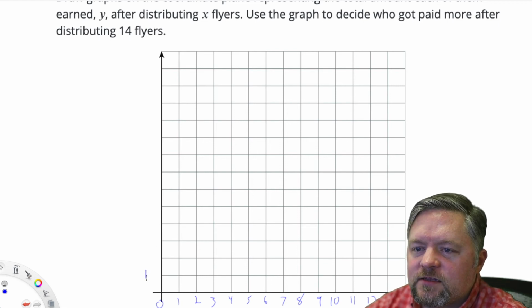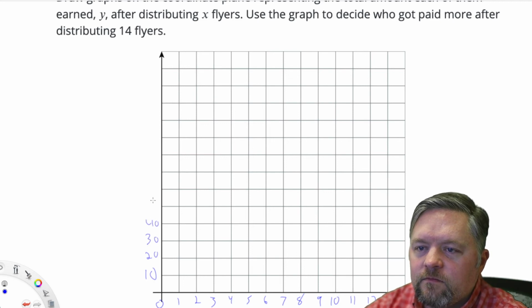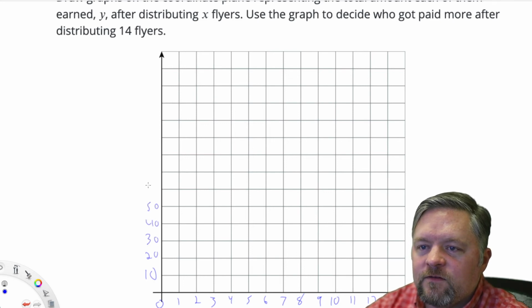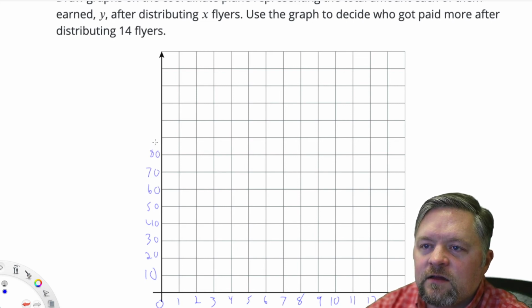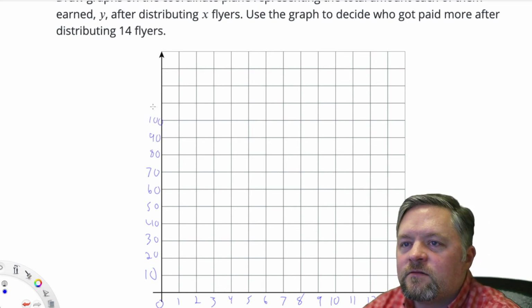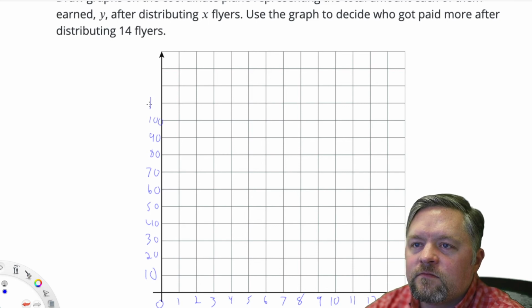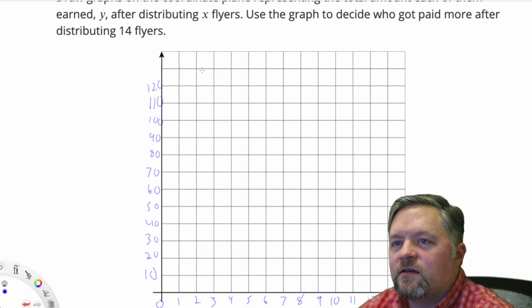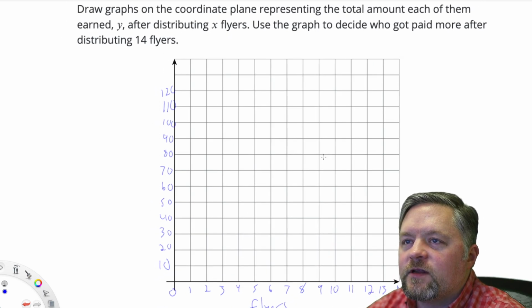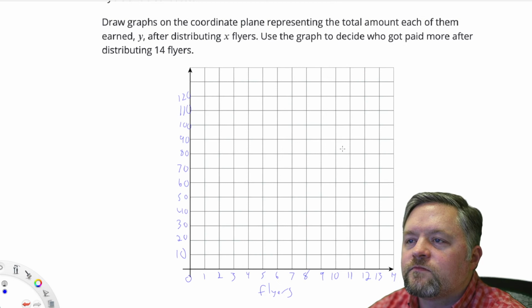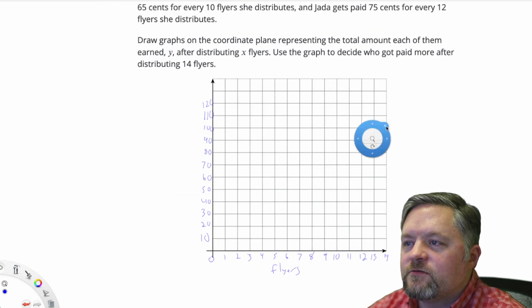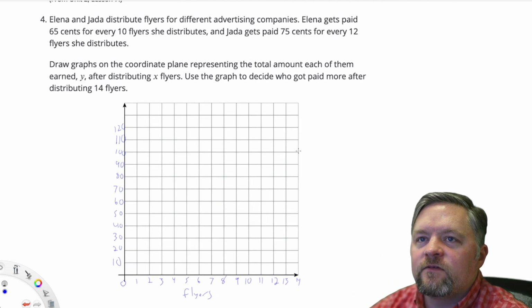No, let's go 10 cents. 10, 20, 30, 40, 50, 60, 70, 80, 90, $1. $1.10, $1.20. We're not going to have to go any higher than that. Now, let me zoom out so we can fit everything on our nice graph.